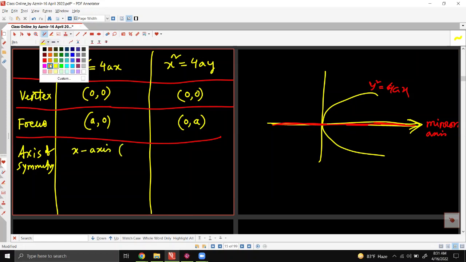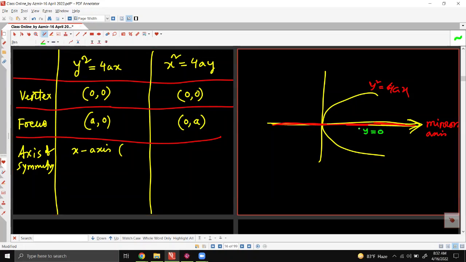From the concept of geometry, we know that the equation of the x-axis is y equals 0, and the equation of the y-axis is x equals 0. Since the x-axis is the axis of symmetry, its equation will be y equals 0.